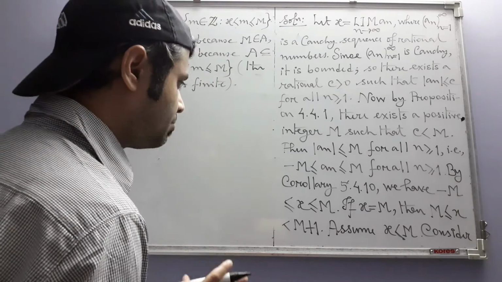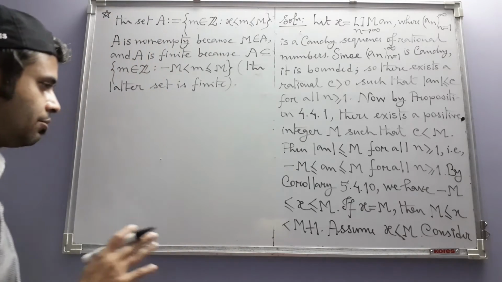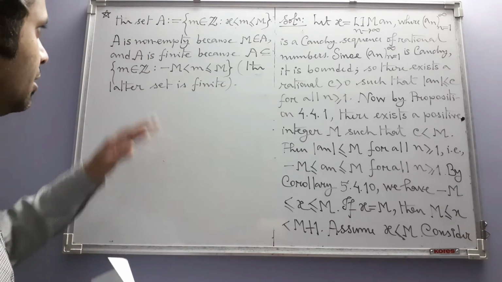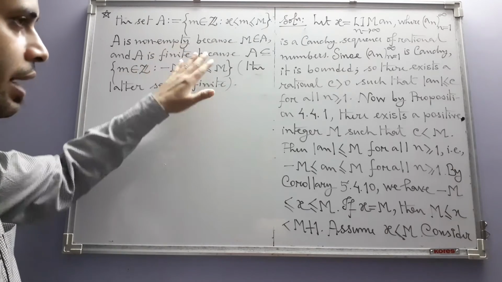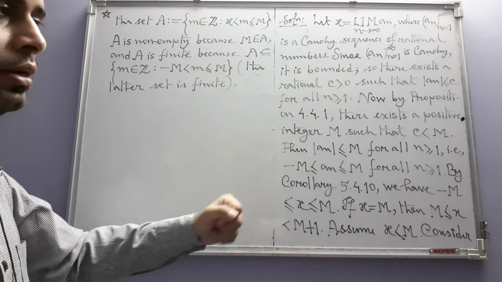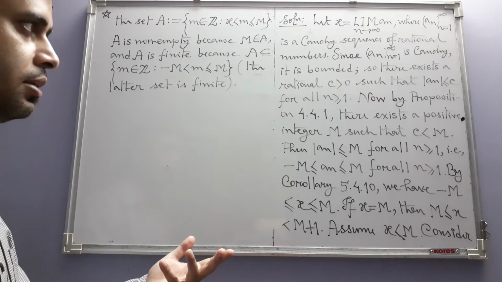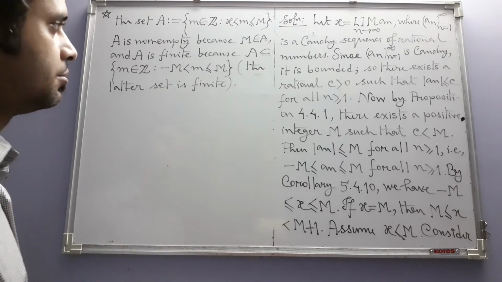So A is non-empty and finite. First of all, non-emptiness guarantees that there is something in A, and then finiteness guarantees that there is a smallest something in A.